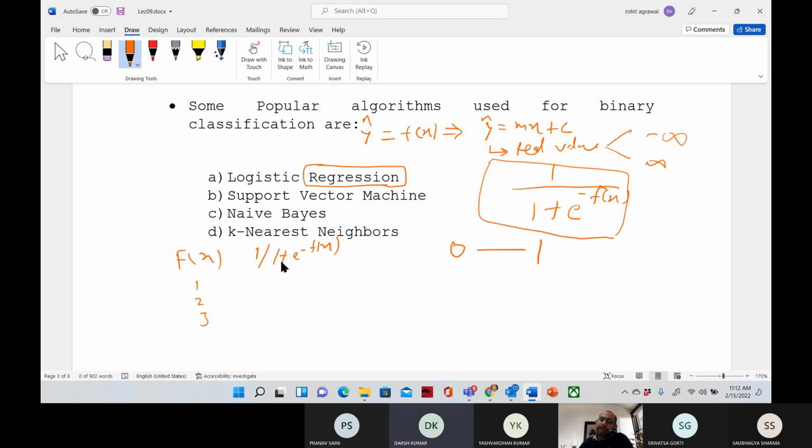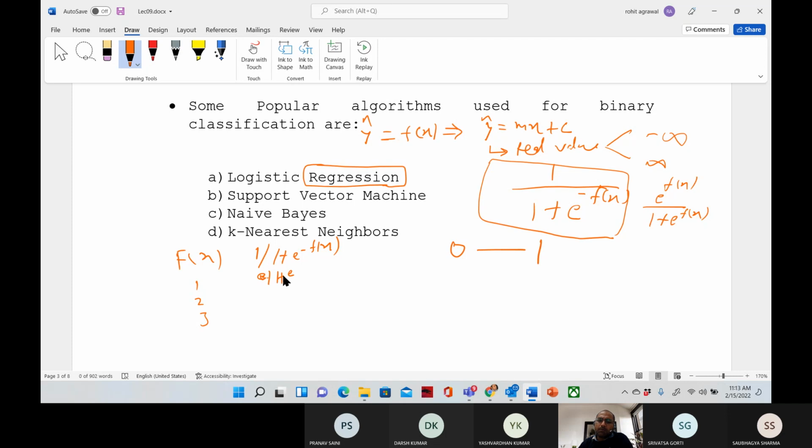Sir, it would decrease. When the value of x is decreasing, the value of the expression would decrease, right? If f of x is increasing, e upon 1 plus e.